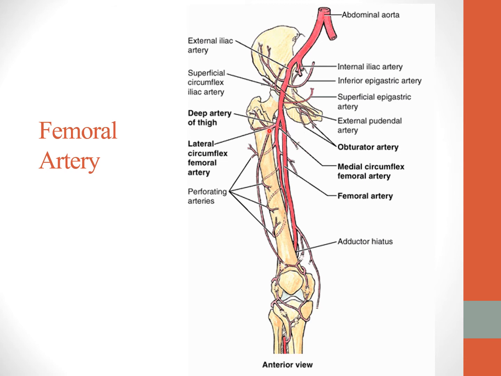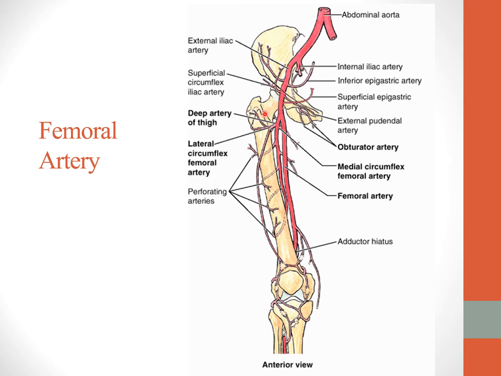So the medial and lateral circumflex femoral arteries are surrounding the neck of the femur, we can say the circumference of the femur. That's why they are known as circumflex femoral arteries.